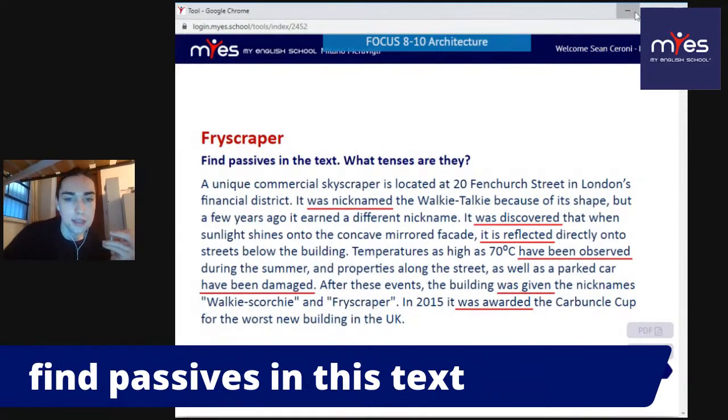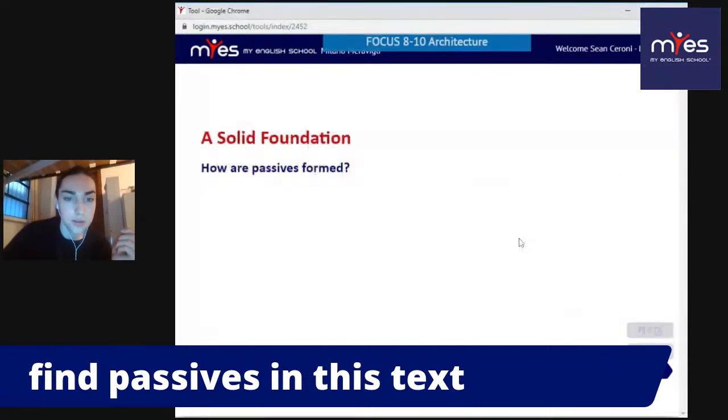So that's the secrets of passives. You can see here was nicknamed, is reflected, was discovered. And then we have been observed, have been damaged, which is the present perfect passives, which we were discussing before. So great work identifying those, Mary.